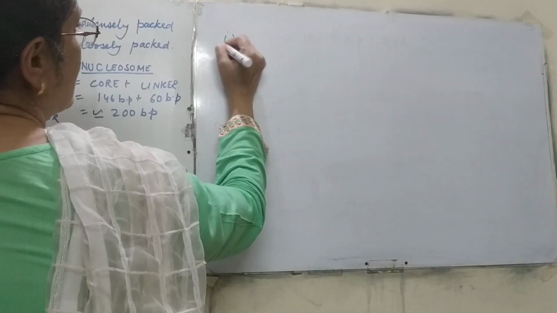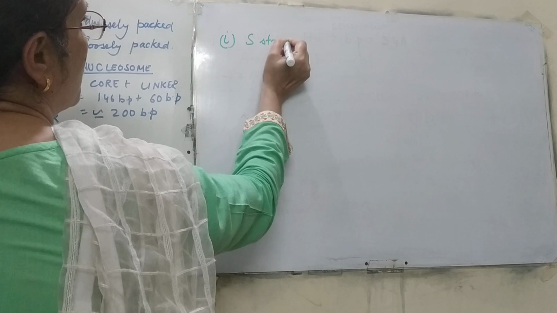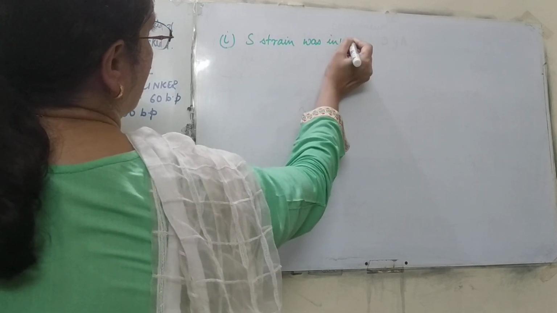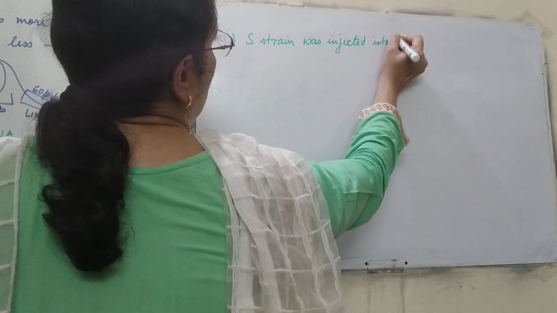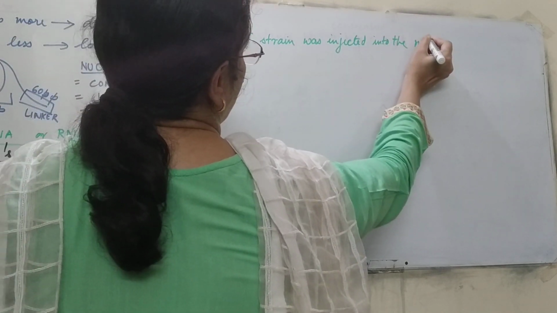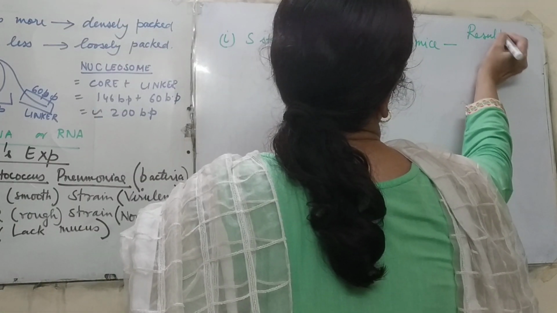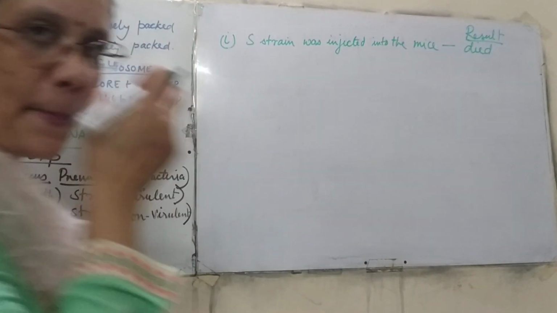So what was observed, in the first case, the S strain was injected into the mice. What was the result? The mice died.